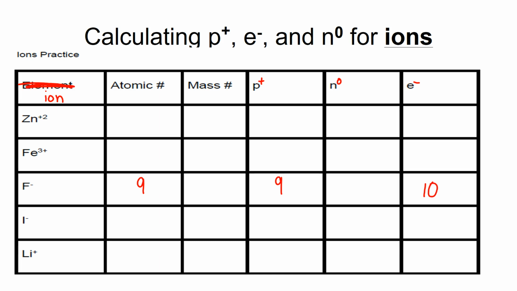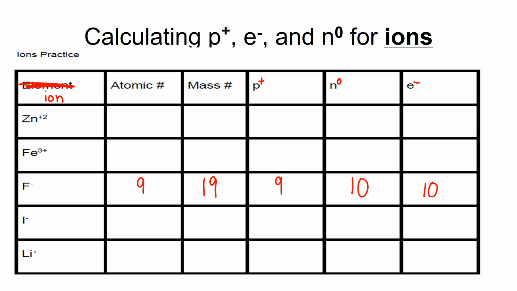Now, in order to get the neutrons, I need to know this number. So fluorine's mass is 18.9984. So I can round that to 19. So 19 minus 9 gives us 10 as well.